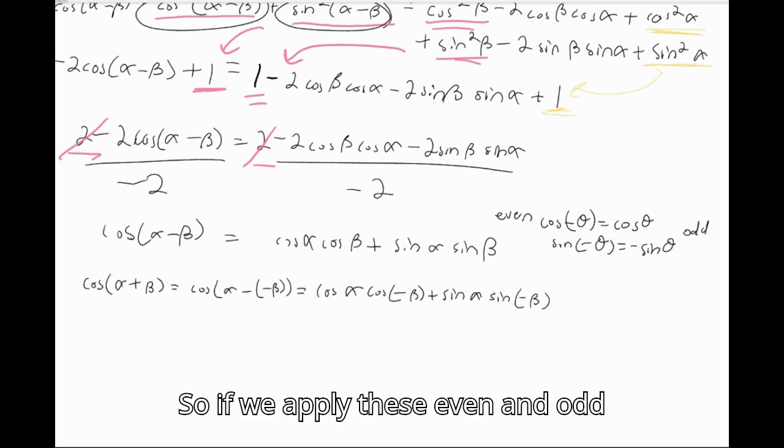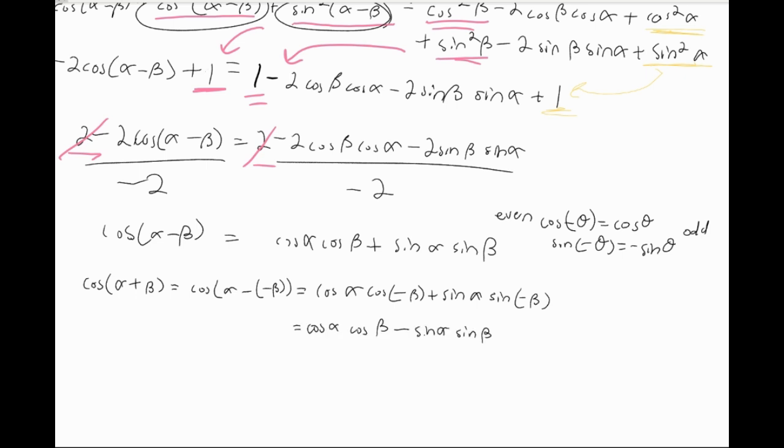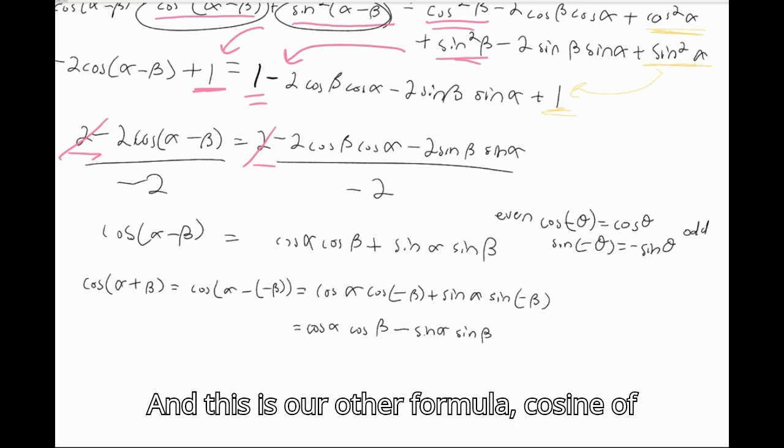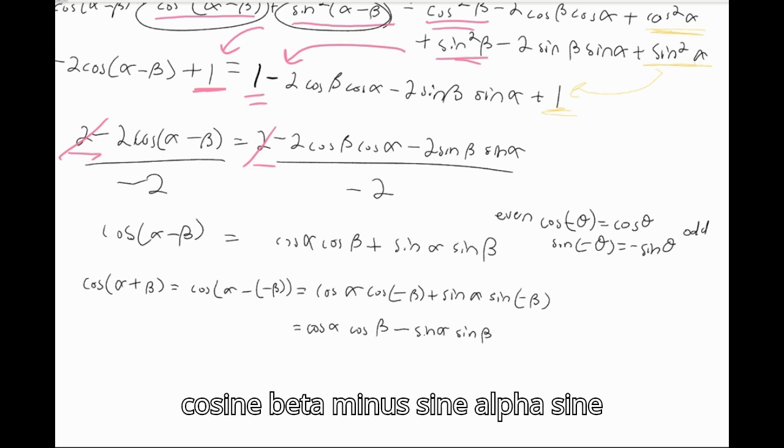So if we apply these even and odd identities, we get this, and this is our other formula. Cosine of alpha plus beta is equal to cosine alpha cosine beta minus sine alpha sine beta.